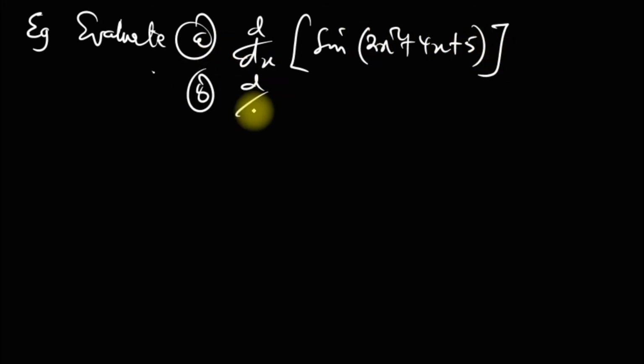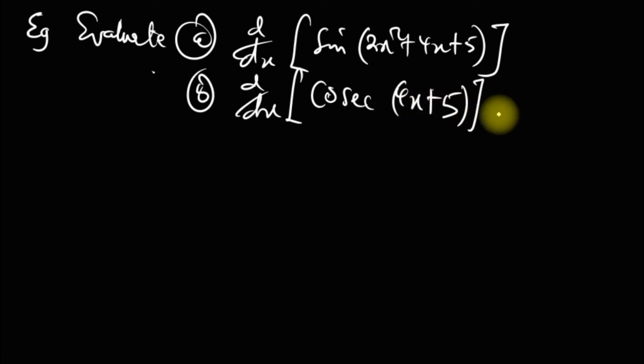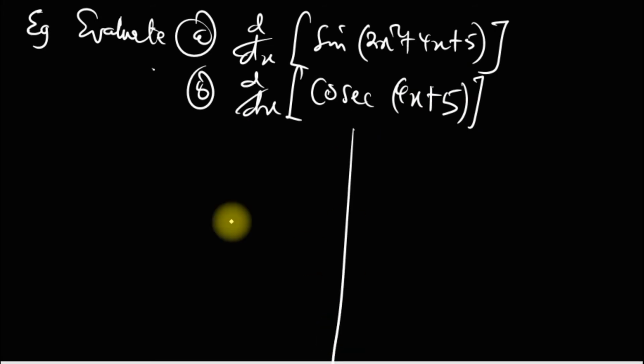Again, you're asked to find the derivative of maybe cosec of 4x plus 5. So let me use these two to show you the use of that table.